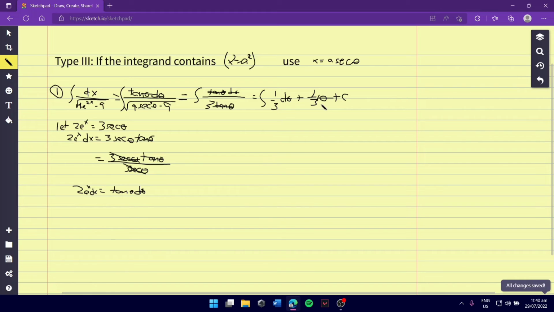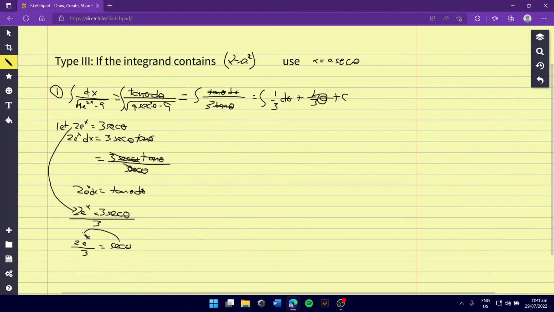So next we'll find the value for our theta. We have here 2e raised to x equals 3 secant of theta. So we'll find the value of our theta. We will divide this term by 3. So this will become 2e^x over 3 equals secant of theta.